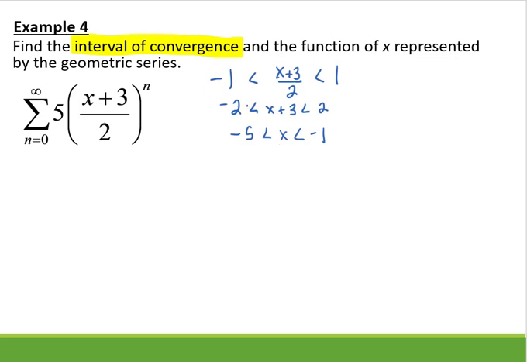So if I plug in any number x that's on this interval, I should be able to get a ratio where I'm going to have a geometric series that will converge.